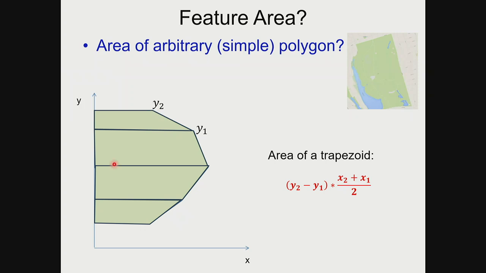Now the problem if we stop here is that we've included all of the area outside of the polygon that we want to calculate, right? So we continue doing that with the rest of the points, but now notice what's going to happen. Once we get to the next point, in this case, y2 is smaller than y1. So if you follow the equation here, y2 minus y1 is going to be negative.